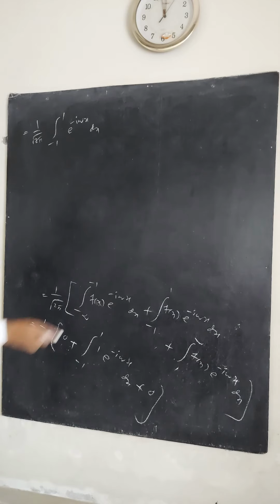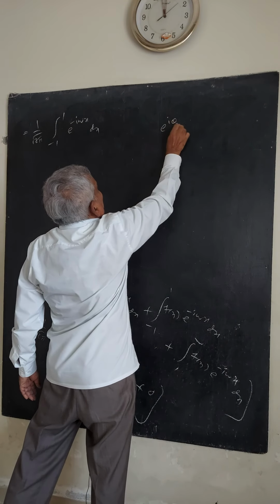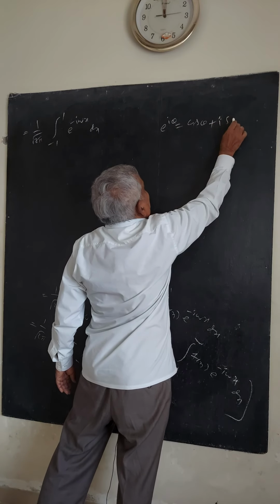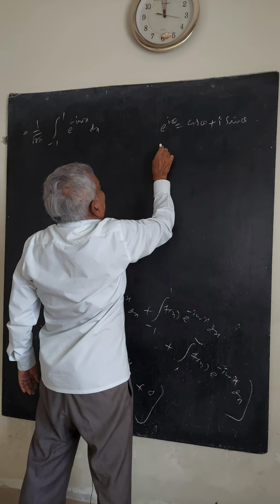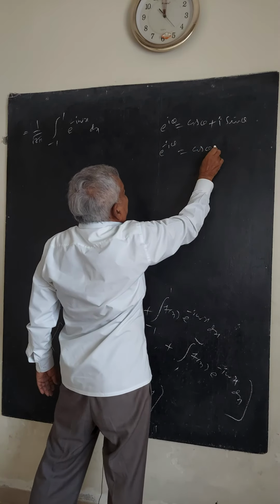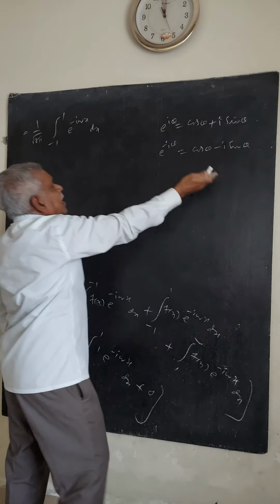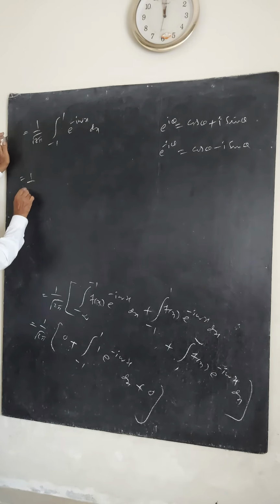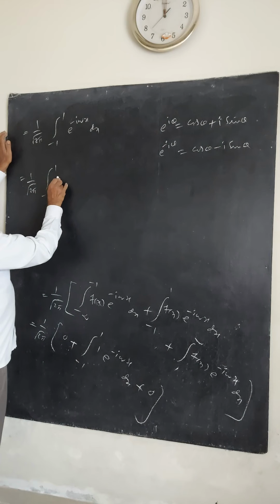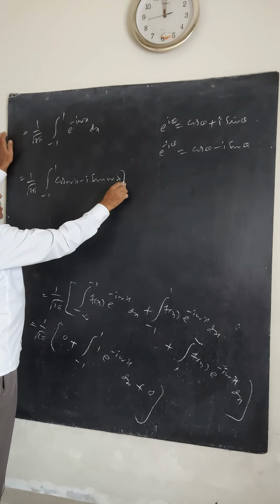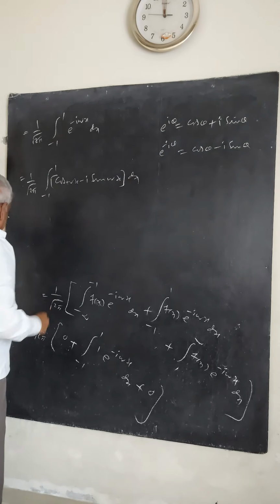We know e power i theta is equal to cos theta plus i sin theta, and e power minus i theta is cos theta minus i sin theta. Here instead of theta, we write omega x. So 1 by root of 2 pi, integral from minus 1 to 1 of cos omega x minus i sin omega x dx.